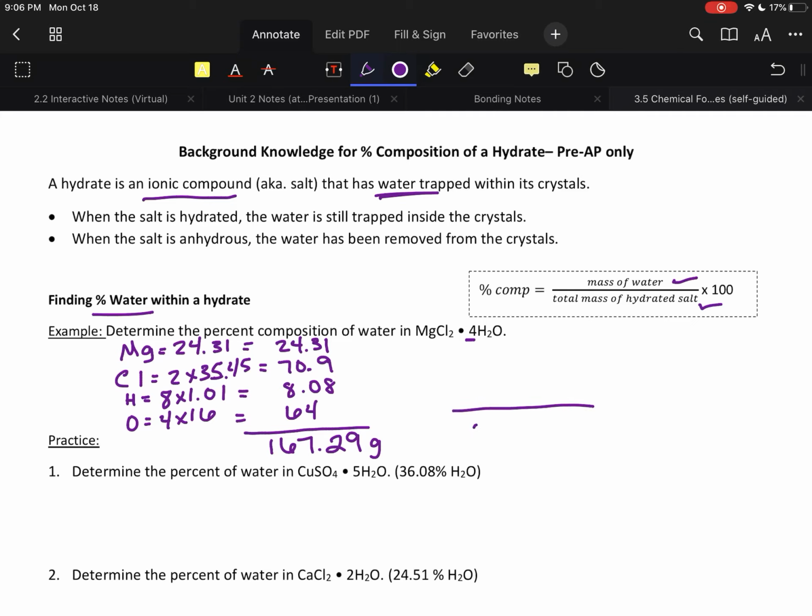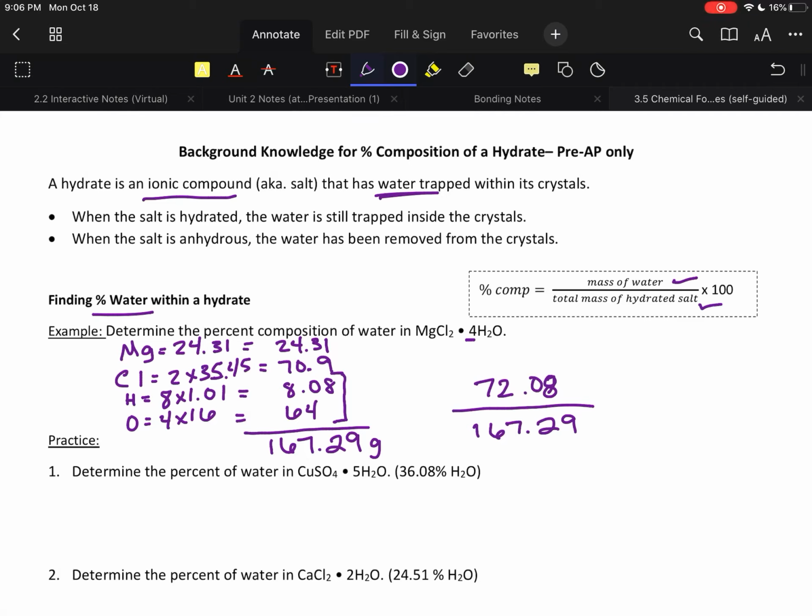Okay, so I know that that's going to go on the bottom of my equation. And then I'm really just concerned about the mass of the water. So I'm not really looking at magnesium and chlorine right now, but I'm just looking at my hydrogens and oxygens. And so I'm going to add those 2 up so that I get just the mass of water, which is 72.08.